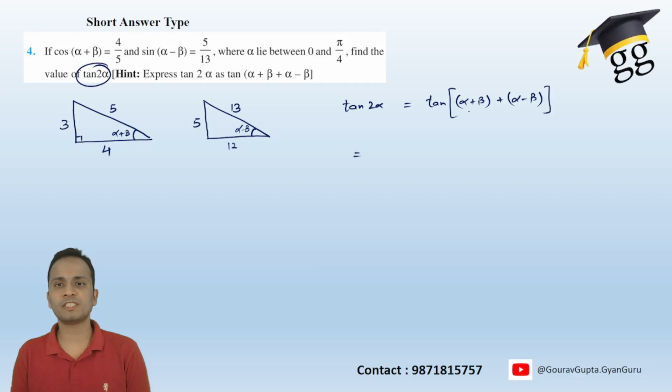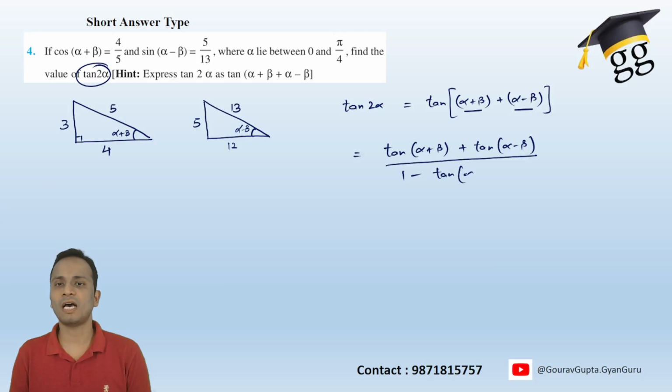Now apply the formula of tan A plus B. Tan A plus B will be tan A plus tan B upon 1 minus tan A tan B. So let's apply that formula: tan alpha plus beta plus tan alpha minus beta whole divided by 1 minus tan alpha plus beta into tan alpha minus beta.